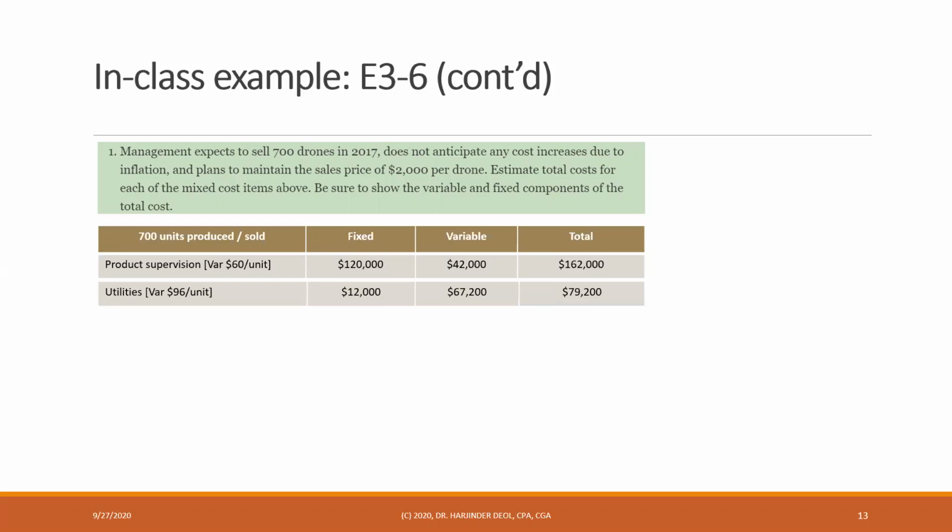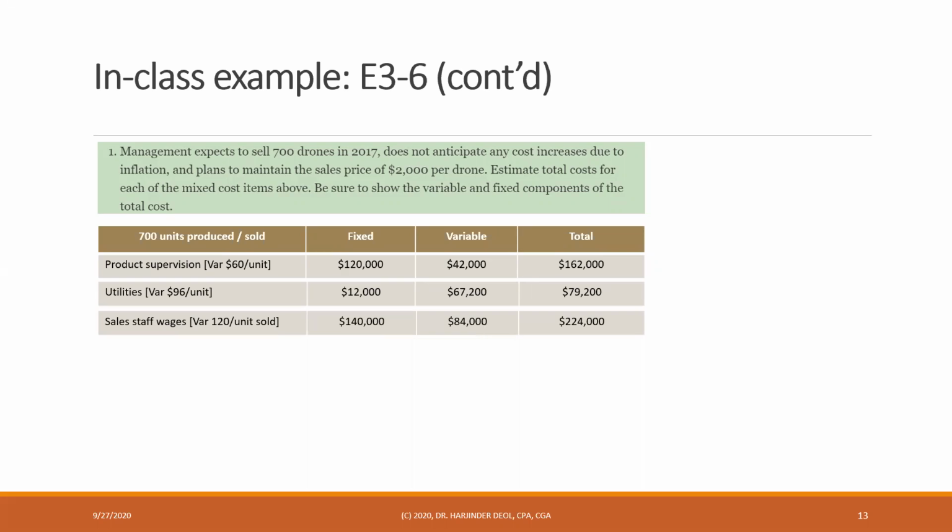With the utilities, the fixed piece was $12,000. The variable piece was $96 per unit. That multiplied by 700 units gives us a total variable cost of $67,200, and our total cost is $79,200.